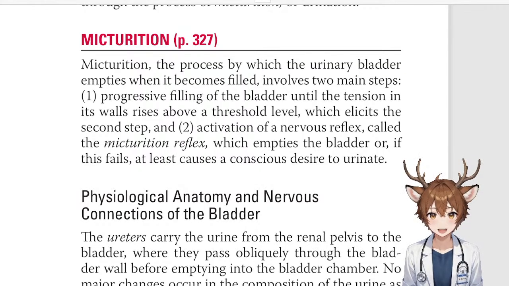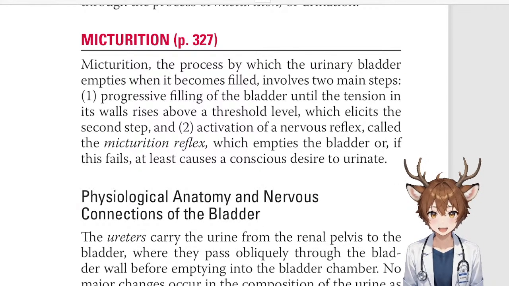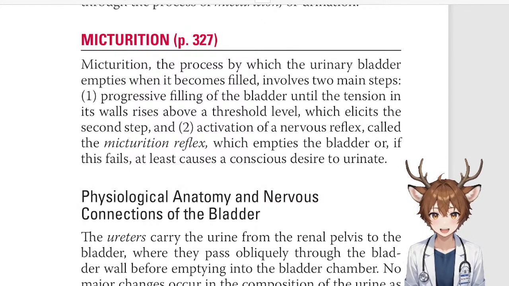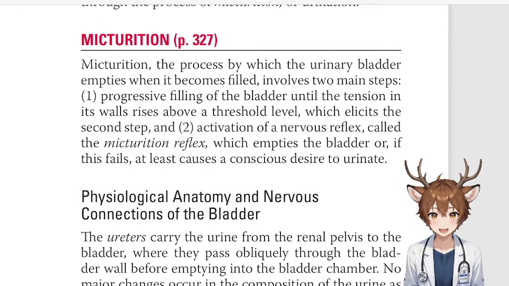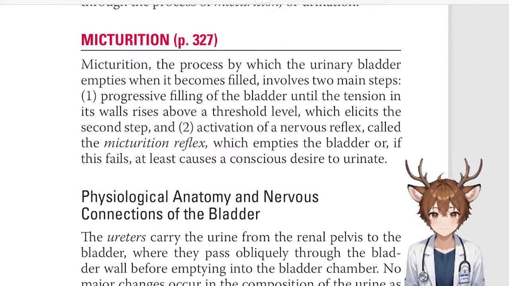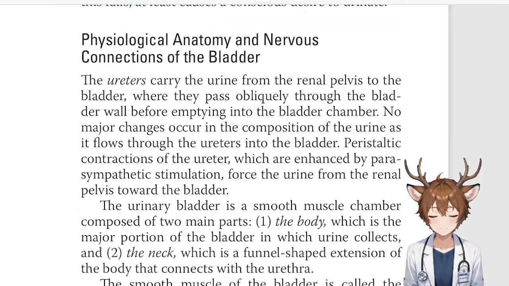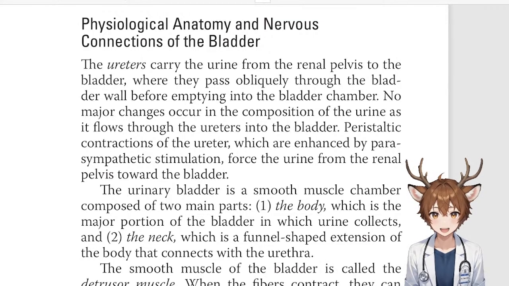Number 1, progressive filling of the bladder until the tension in its walls rises above a threshold level, which elicits the second step. And 2, activation of a nervous reflex called the micturition reflex, which empties the bladder, or, if this fails, at least causes a conscious desire to urinate.